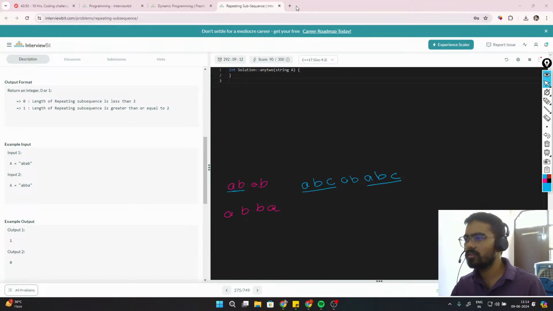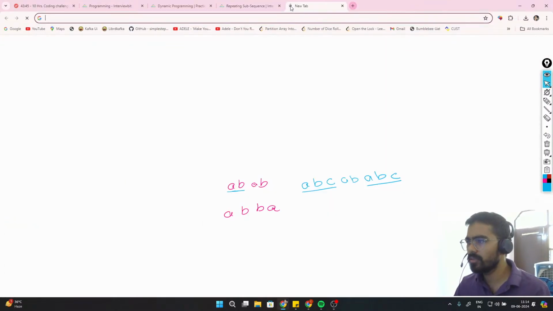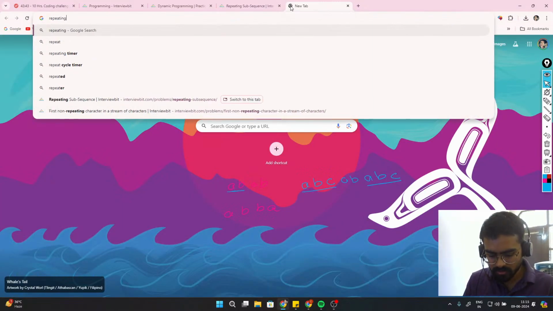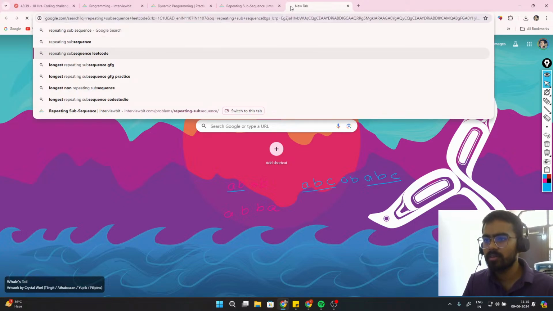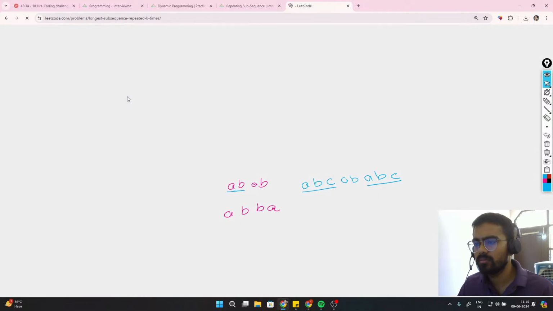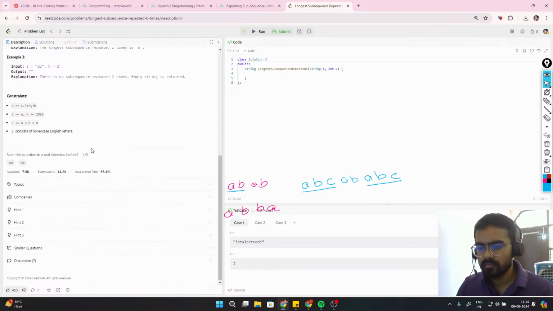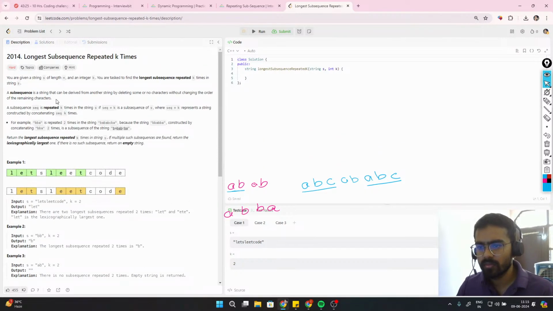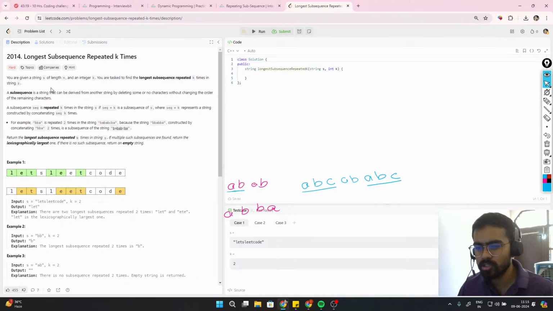Is this question there on LeetCode also? Repeating subsequence. Okay, this is also very similar to the same question.